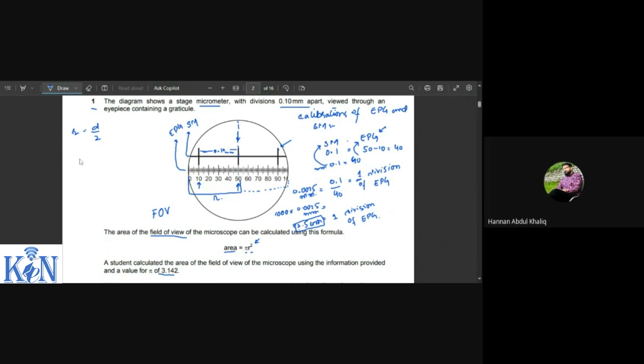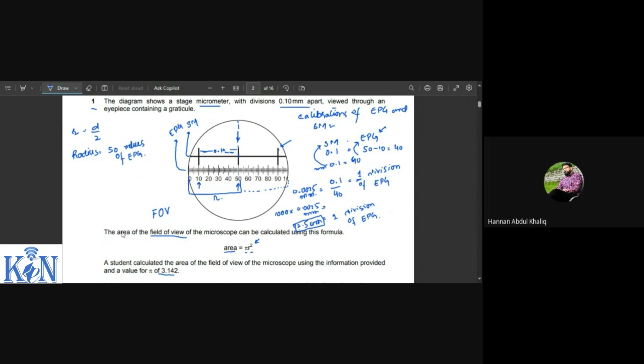So the radius, if you focus, there are 50 values. The radius is equal to 50 values of eyepiece reticule.